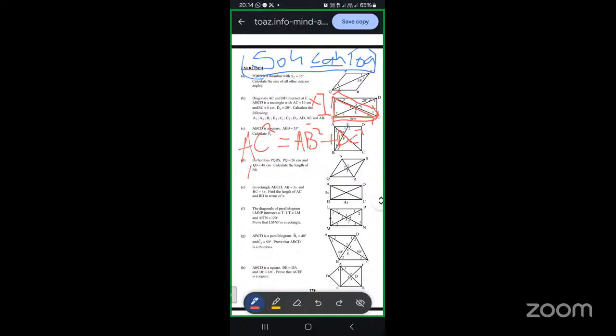Then what is AC? 10 squared is equal to AB squared, which is the one we are looking for, plus BC, which is 8 centimeters squared. Therefore, that will give us 100 equals AB squared plus 64. Then that will give us 36 is equal to AB squared. Therefore, your AB will be 6 centimeters. Then you are done. Does it now make sense to everyone?